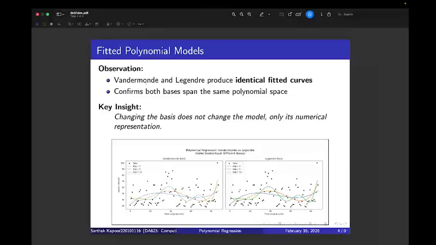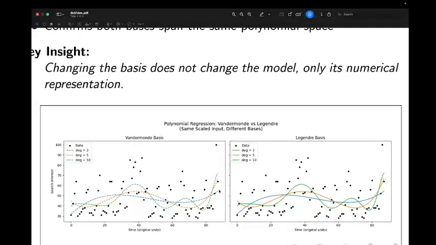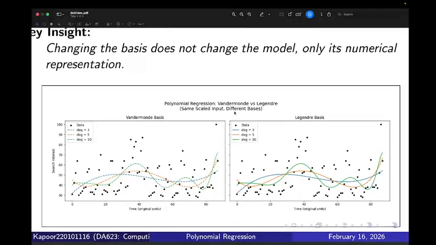What we get is that Vandermonde as well as Legendre produce identical fitted curves, and this should be true in the sense that the fitted curves do not depend on the basis itself. Only the numerical representation will differ in terms of the coefficients, but the fitted curves won't differ. So as you can see, we have the polynomial regression, Vandermonde versus Legendre.